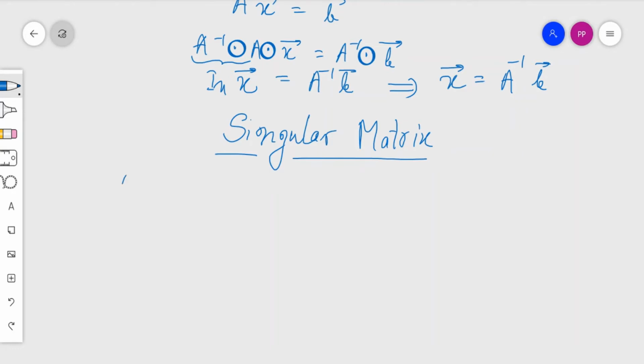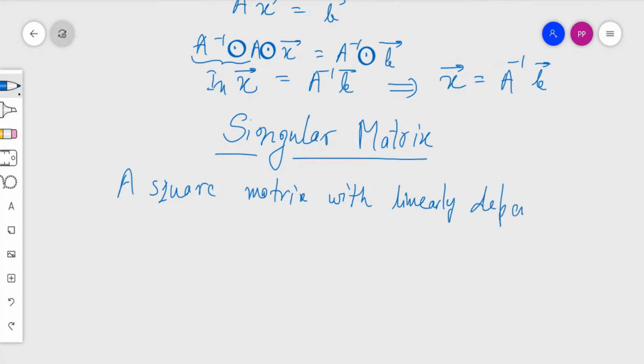A square matrix with linearly dependent rows or columns is a singular matrix.